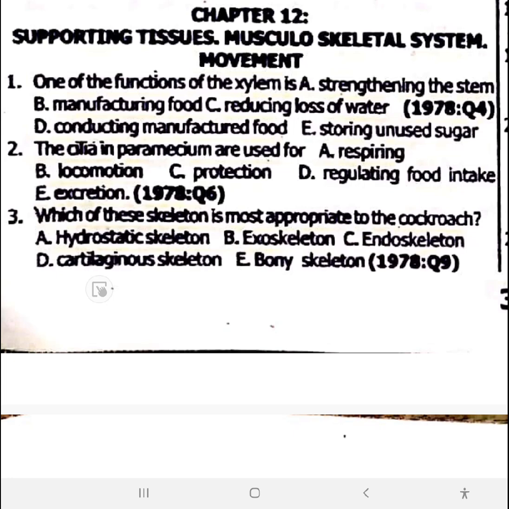Pinna, P-I-N-N-A-E, that part of your ear where they put earrings, they call pinna, cartilaginous fish. And lastly, bones are found in the endoskeleton of most vertebrates. So number 3 is option B, exoskeleton.